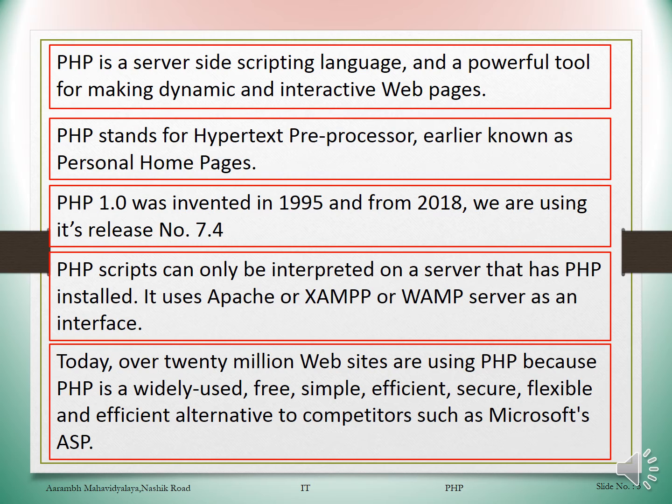Today more than 20 million websites are coded using PHP due to its various features, and it is one of the best competitors to Microsoft's ASP. ASP means Active Server Pages, which is mostly used for web page designing. These are some of the features of PHP.